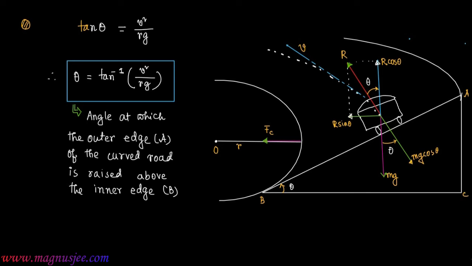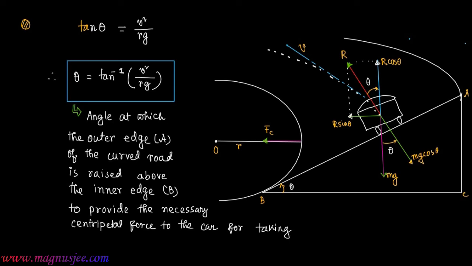Theta is the angle of banking. That means the angle at which the outer edge of the curved road is raised above the inner edge to provide the necessary centripetal force for the revolution of the car round the inclined smooth curved road.